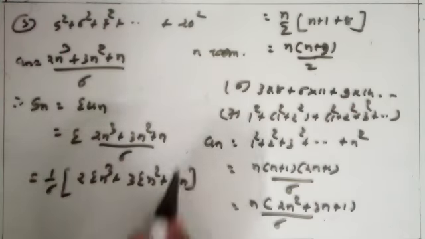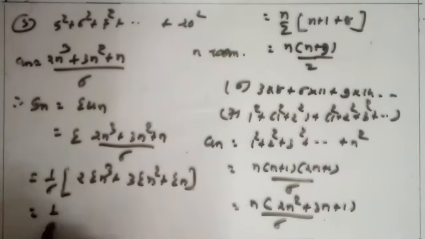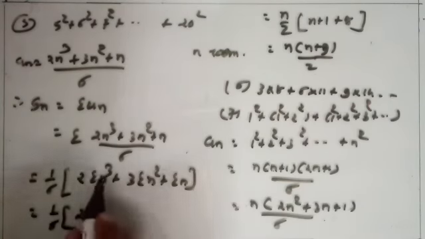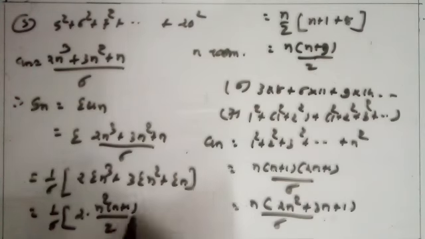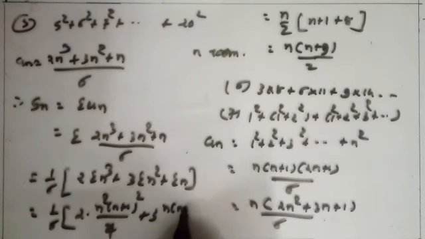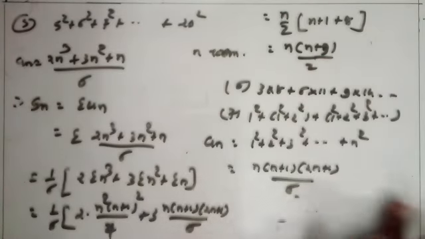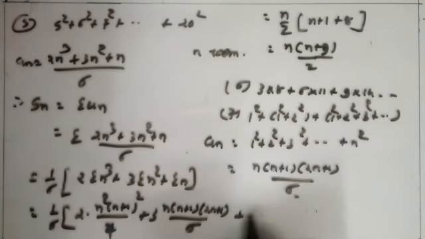Clear? Sigma applies to each. So 1 upon 6 into 2 into sigma n cube is equal to, we know that, n square into n plus 1 square upon 4, plus 3 into sigma n square is equal to n into n plus 1 into 2n plus 1 by 6, and sigma n is equal to n into n plus 1 by 2.